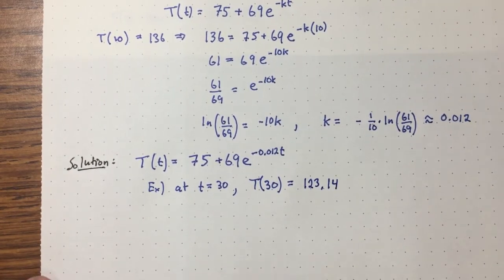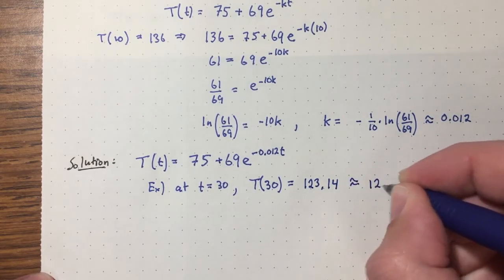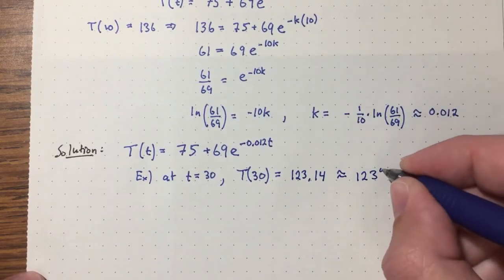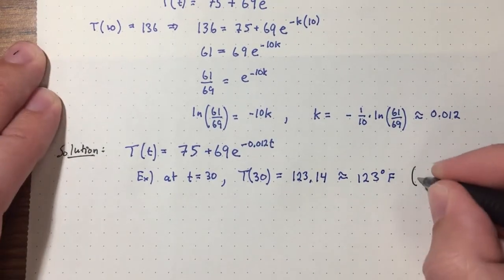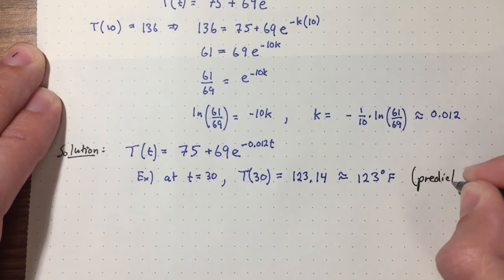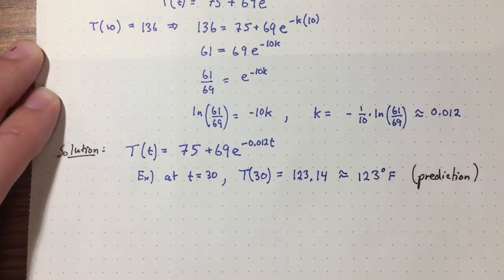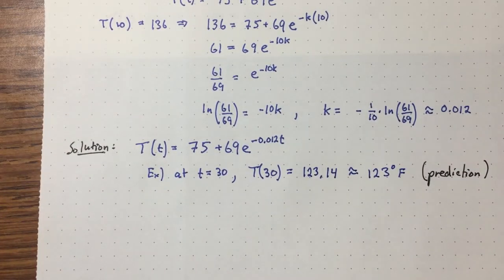Maybe too many significant figures. Just say it's about 123 degrees Fahrenheit. So this is our prediction at time t equals 30.